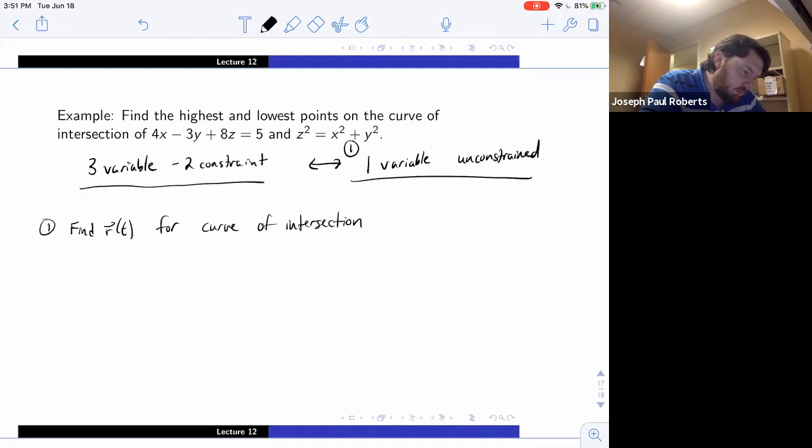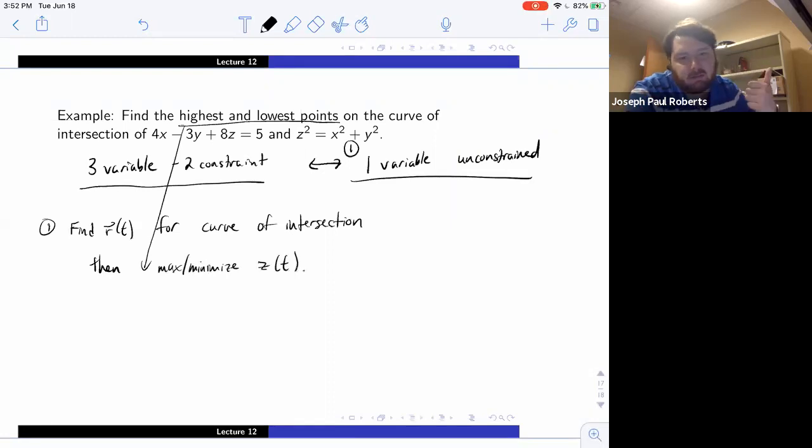Let me see if I can remember how to do this real quick. So find r of t for the curve of intersection, then to find the highest and lowest points, you're going to want to maximize and minimize z of t. Remember, r of t is going to be x of t, y of t, z of t.